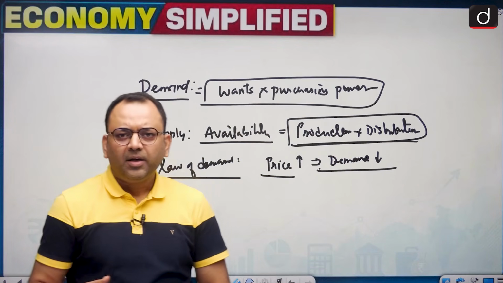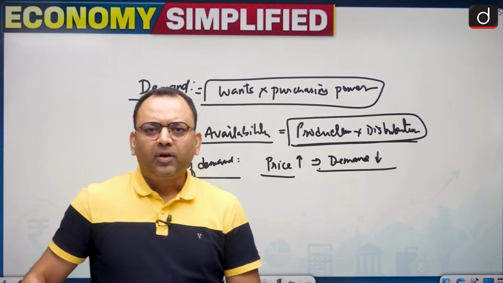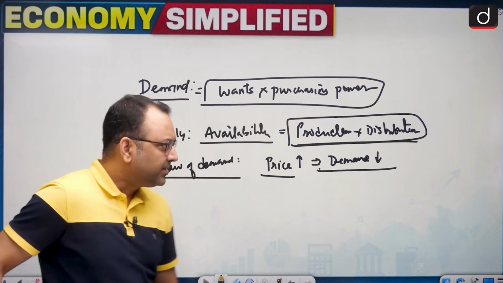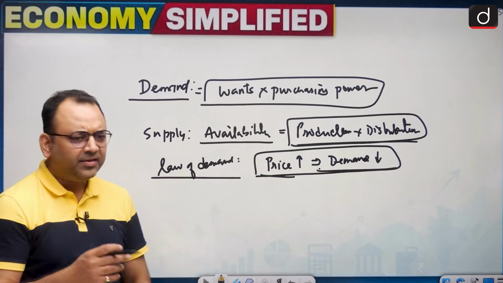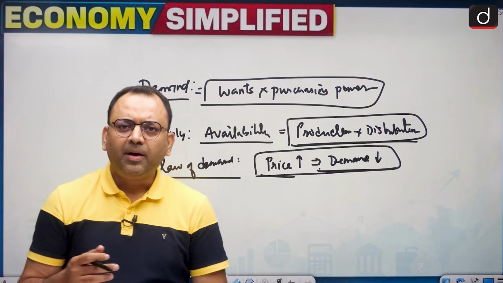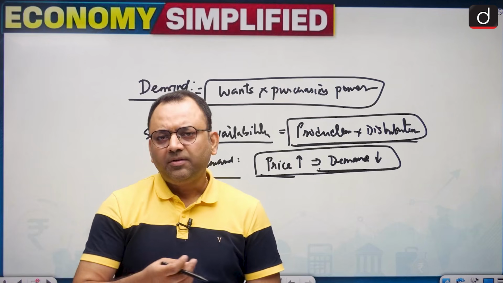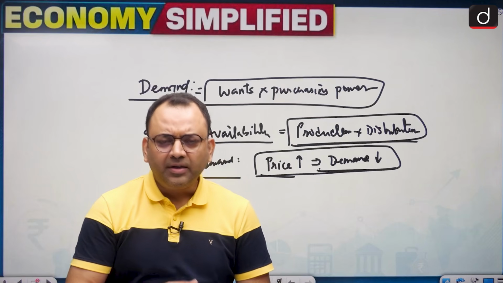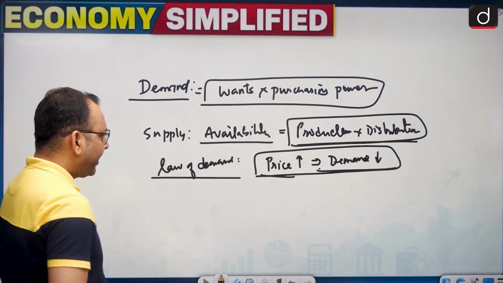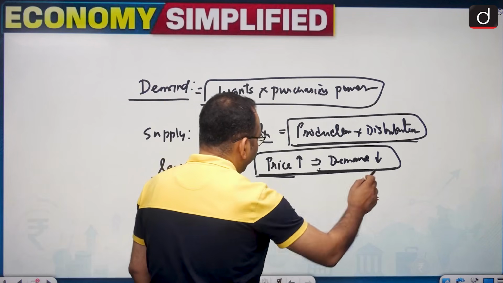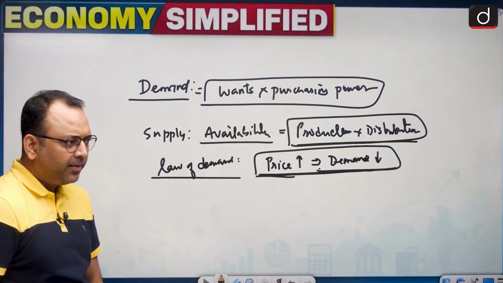Because usually every person will look for a better economic option. So when the prices increase, the demand will fall, and if the prices decrease, the demand may increase, because people tend to buy a lot of commodities in sale because the prices are lower. So a price increase leads to a fall in demand. This is the law of demand.